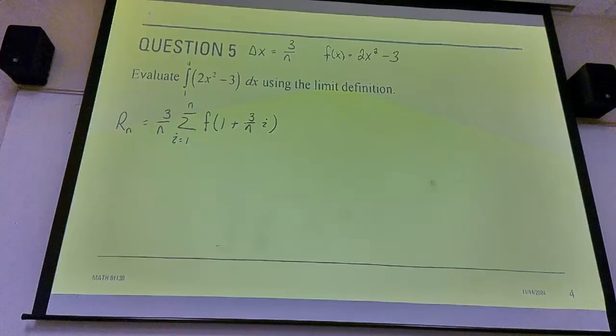Delta x times the summation, i equals 1 to n, f of a plus i delta x. Bummer.